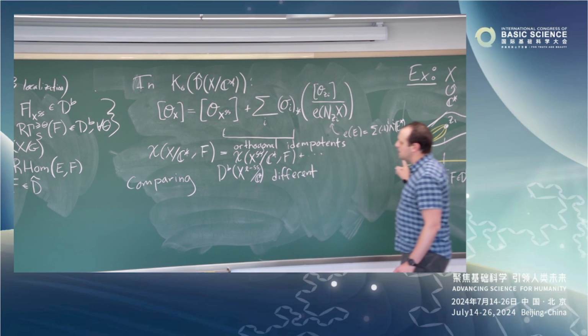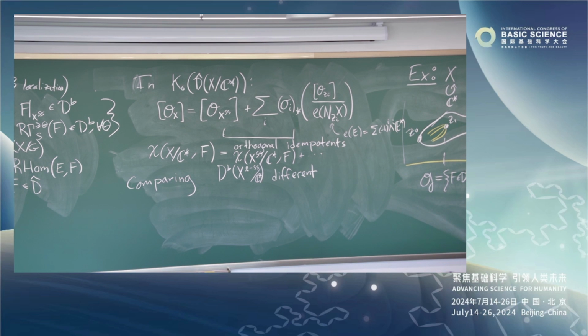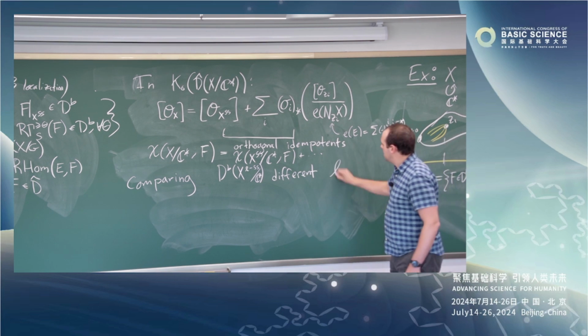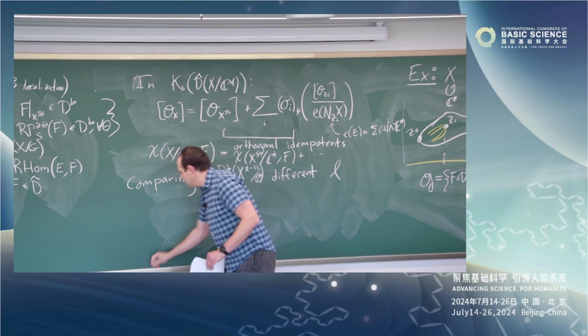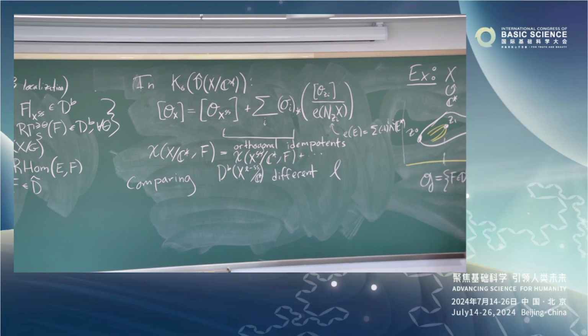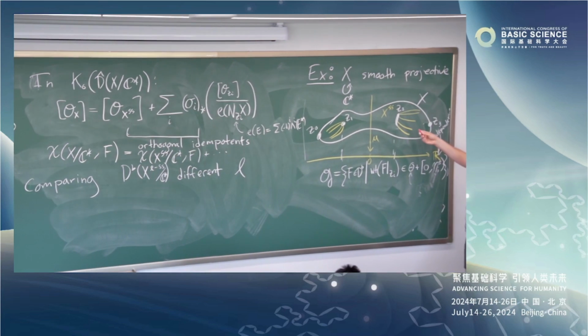And from this description, you can sort of see what happens. So I mentioned varying the GIT quotient. You can think of this as just changing the moment fiber that you take.